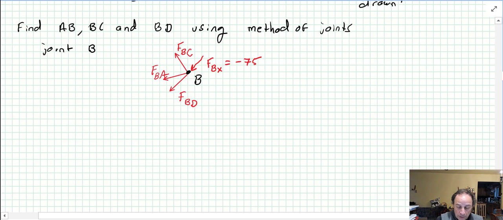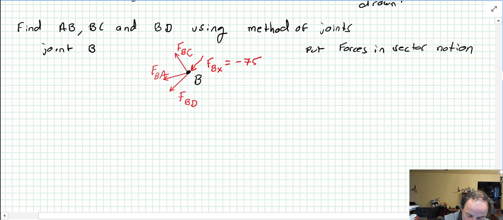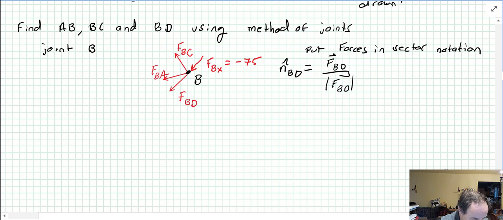All right, so we're going to put our forces in vector notation, which means finding some unit vectors. All right, so unit vector BD is force BD over the magnitude of force BD, 3I over 3I.